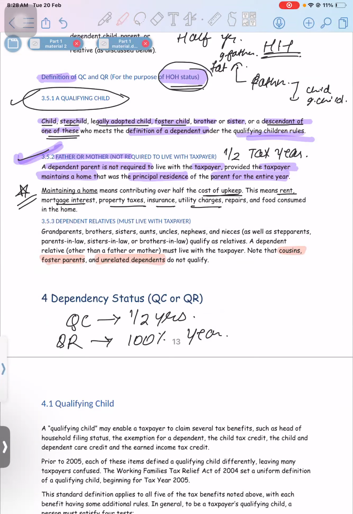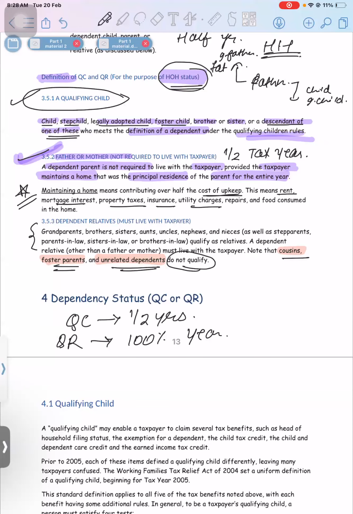Out of that, one of the cousins is a very far cousin, not even closely related to me in any way. So he will be an unrelated dependent. He's not falling under any definition given over here. So cousins, foster parent, unrelated dependents will not qualify for this qualifying relative topic.